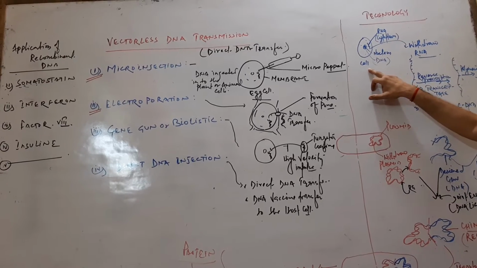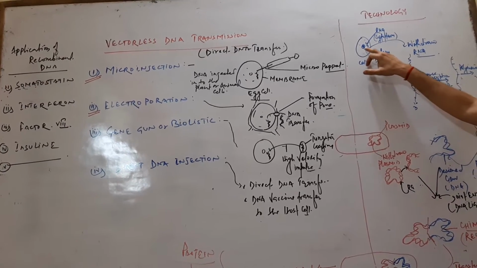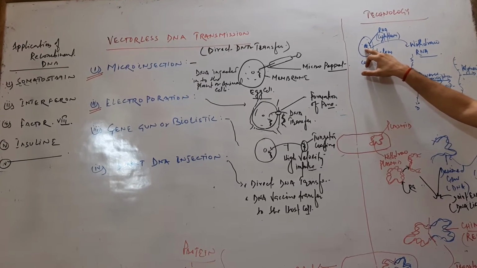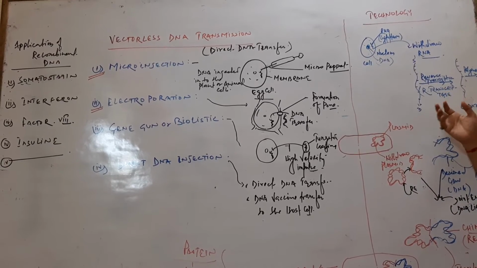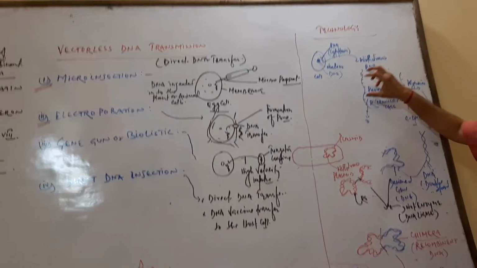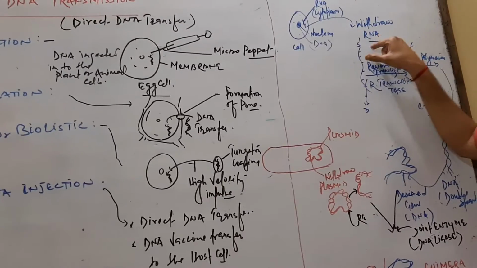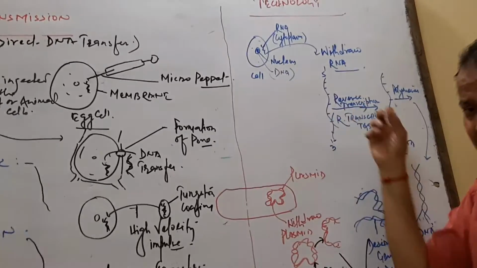Here is the cell with cytoplasm and nucleoplasm, and the genes are present in the nucleus. In biotechnology, we withdraw the same sequence as RNA instead of DNA, because the DNA is present inside the nucleus and we would have to break the nucleus.